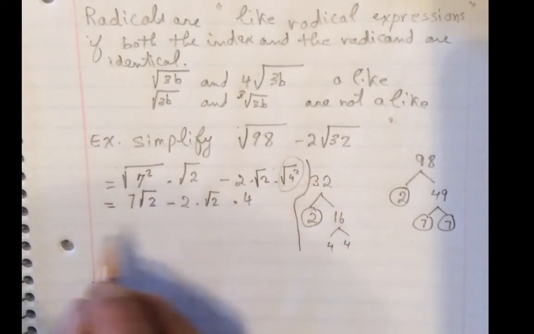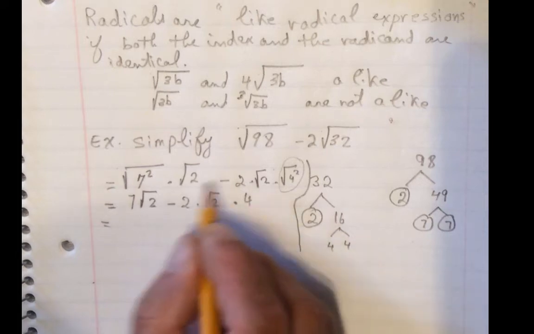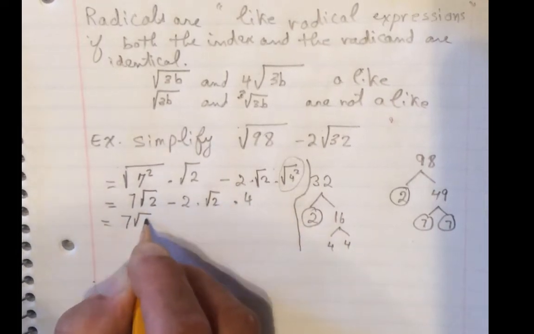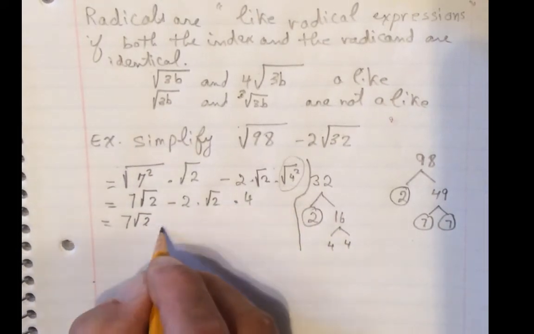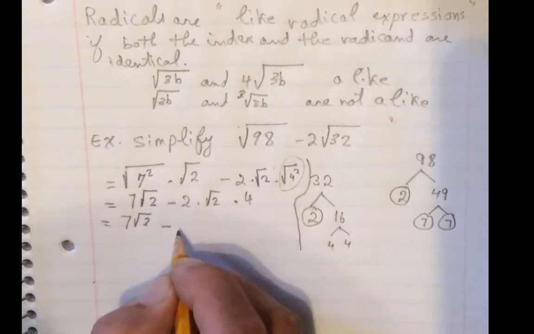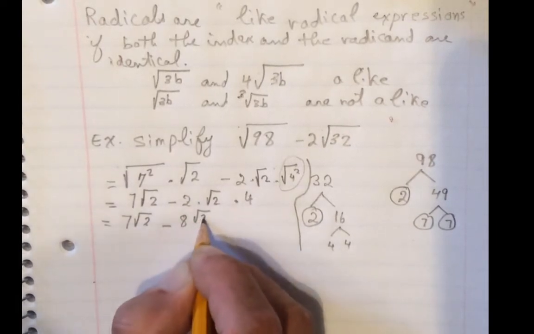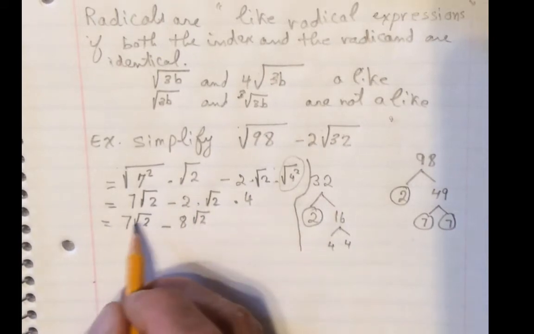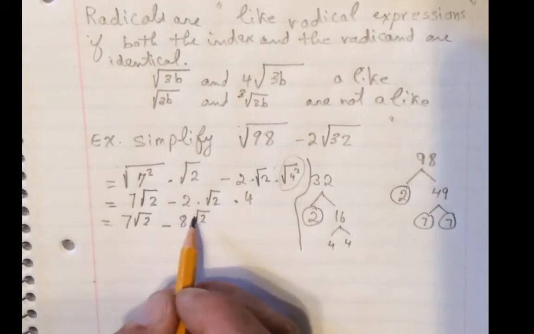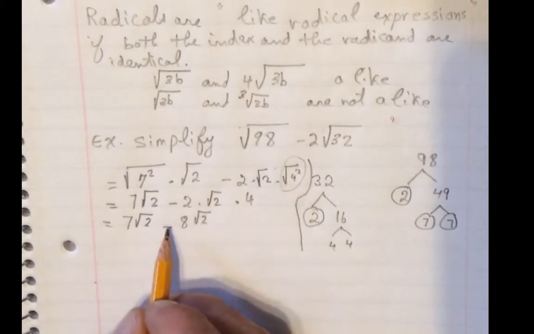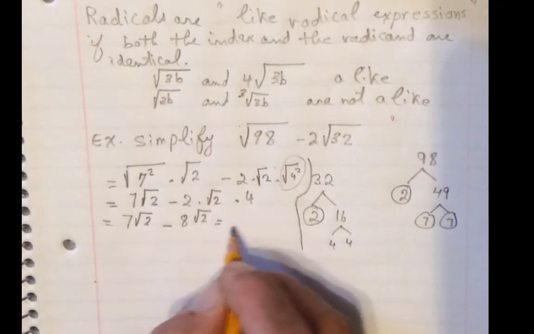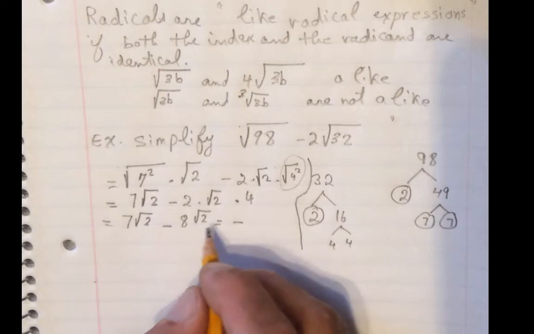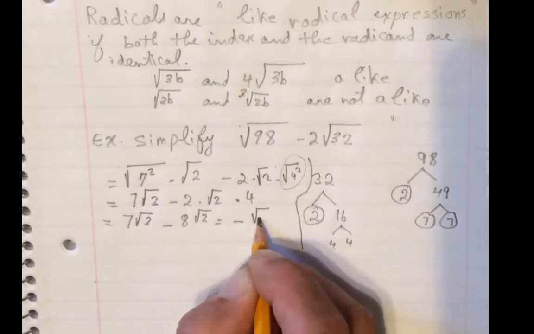Now let's simplify this part: 7 root 2 minus 2 times 4, that's 8 root 2. So we have 7 root 2 minus 8 root 2. 7 of something minus 8 of the same thing, like 7x minus 8x. So the answer is negative 1x, or negative 1 square root of 2.